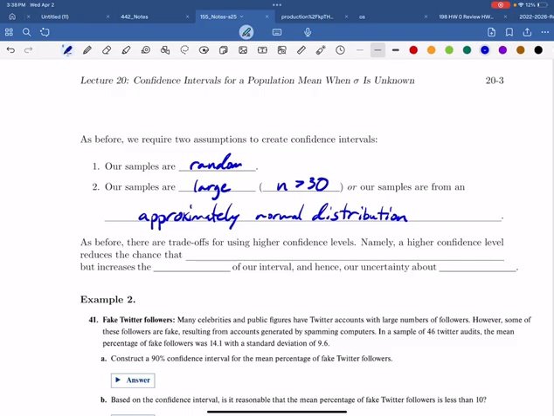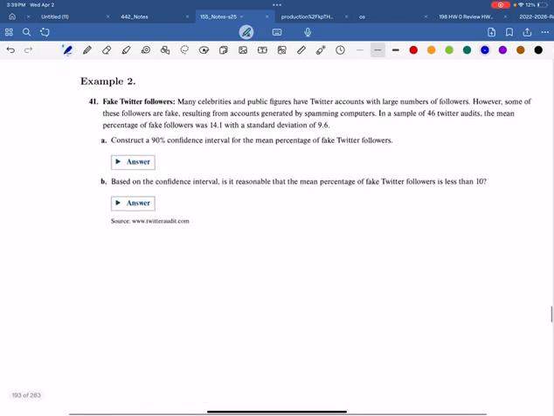Now, of course, there are trade-offs from higher confidence levels. A higher confidence level reduces the chance that mu is outside the interval, but increases the length of the interval, and hence our uncertainty about what mu actually is.